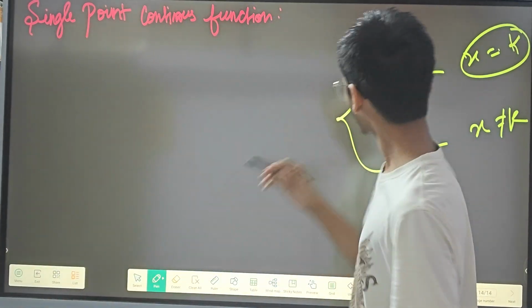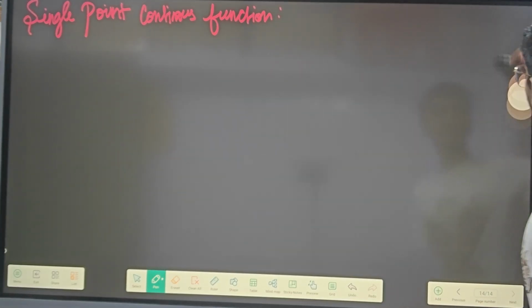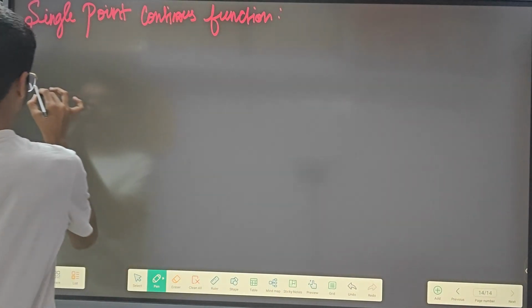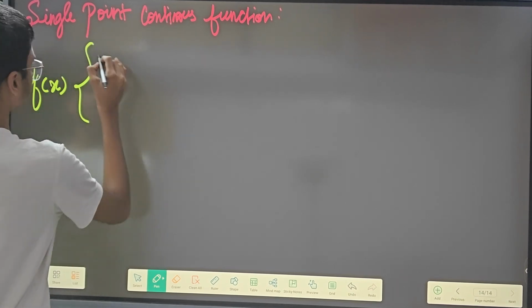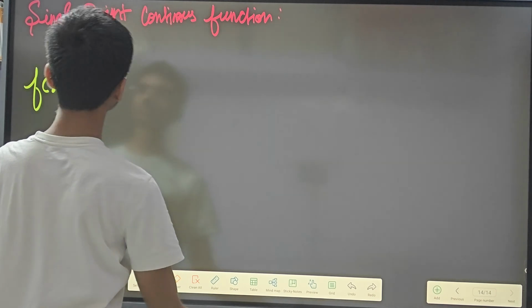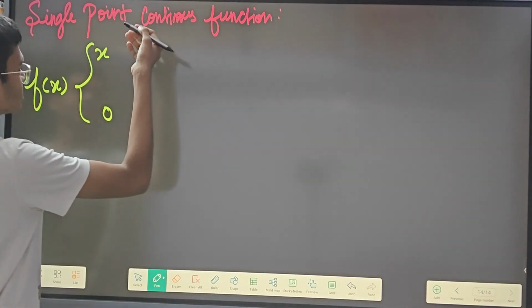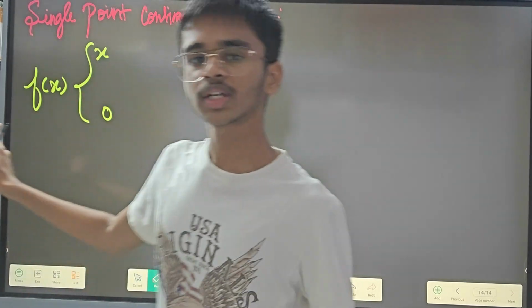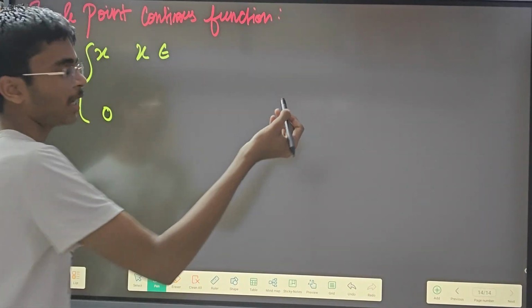So for an example, let us have f of x. See, for this function, whenever x belongs to Q, you can take, what shall we take?